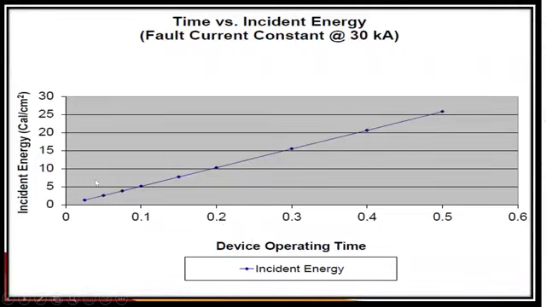at a particular location in my system, I designed my electrical equipment or the system based on a device clearing time of 0.1 second, for example. So the incident energy will be 5 cals per centimeter square. So this was my design.